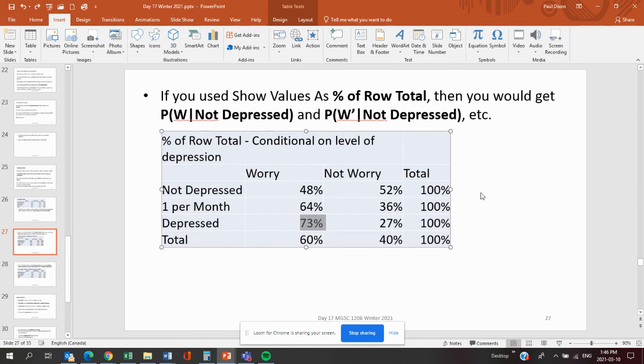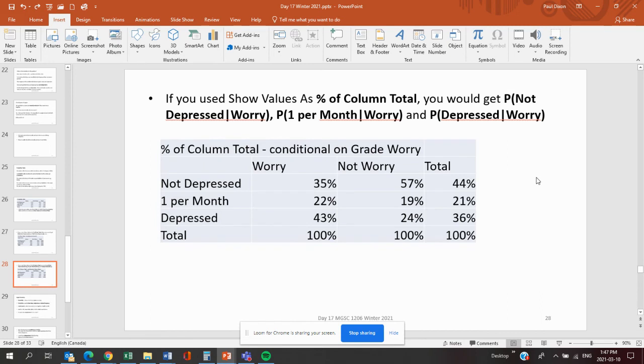Similarly, if I looked at the columns, that would be looking within the groups of levels of worry. So among those that worried, what percentage were not depressed? Among those that worried, 35% were not depressed. Among those that didn't worry, 57% were not depressed.